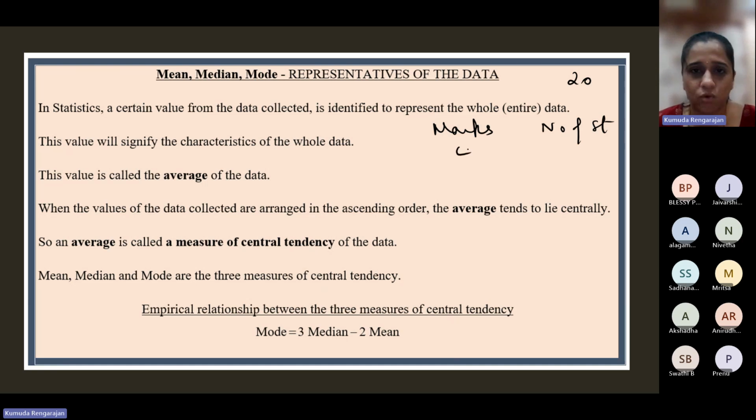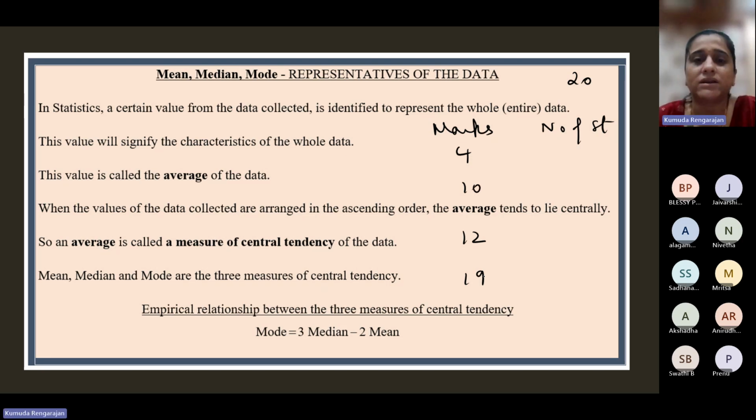Some of them have got 4, otherwise they've got 10 or 12 or 19. So for data like this, you don't need class intervals.